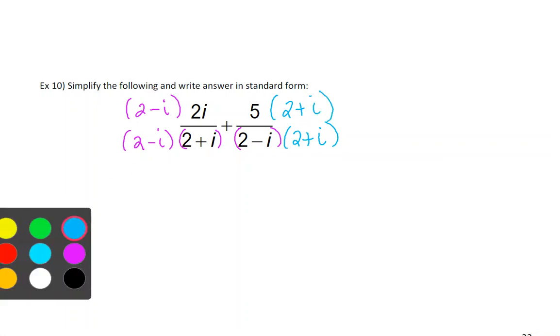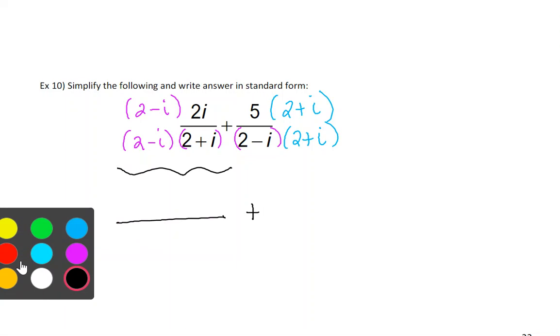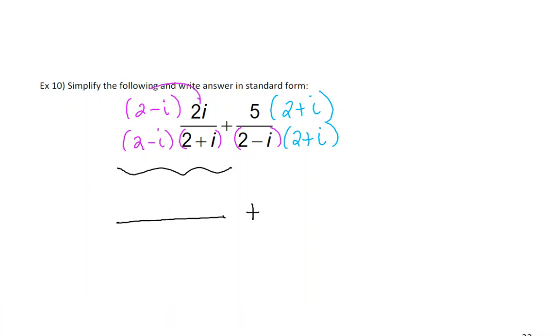So watch what happens when I do that. If I combine this fraction together right here, I end up with 4i minus 2i squared over 4 plus 2i minus 2i, so I'm not even going to write that down, minus i squared.